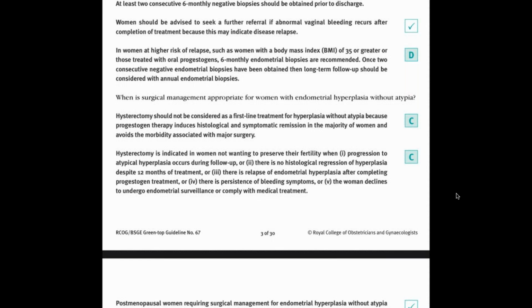You have to memorize and know them because they can be in a counseling station or they can be in a structured discussion. The examiner can clearly ask you that, let's say it's a case of endometrial hyperplasia without atypia, when are you going to consider a hysterectomy for her? Okay, we're going to have 2 examples for endometrial hyperplasia without atypia.